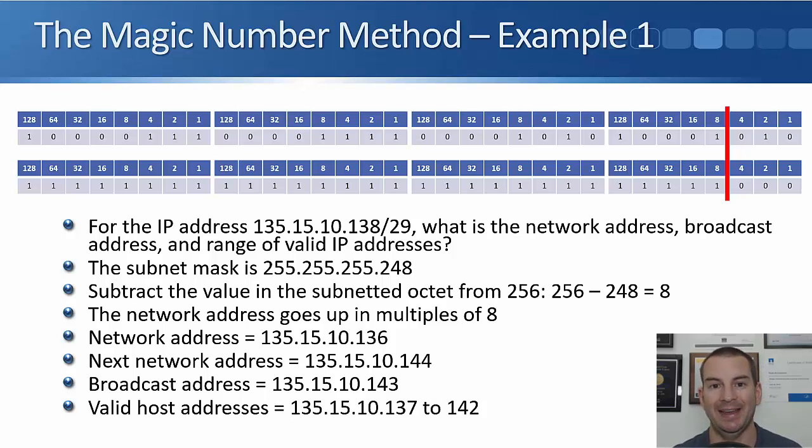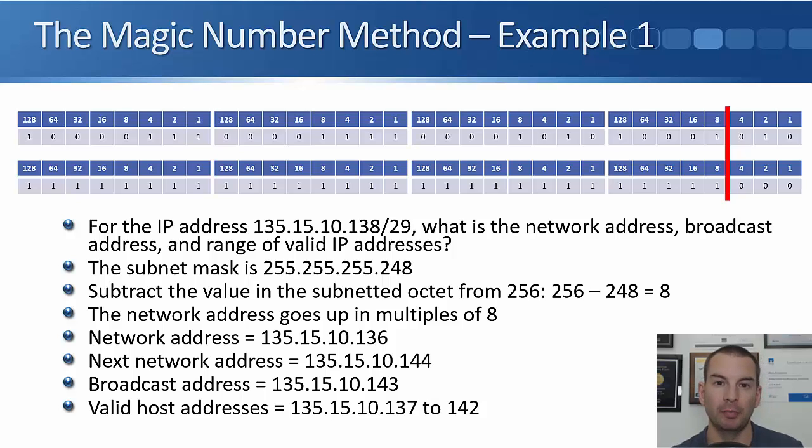So a /29, if we wrote that out in dotted decimal notation, it's 255.255.255.248. And what you do with the magic number is you take the value in the octet that is being subnetted, so 248 in this case, you take that away from 256. So 256 minus 248 gives you 8, and you know that the network addresses are going to go up in blocks of 8.